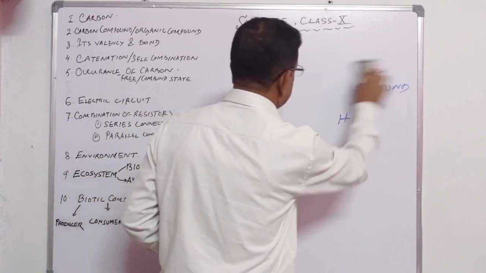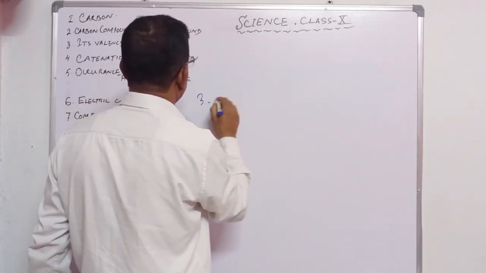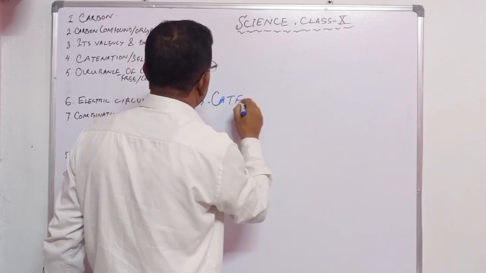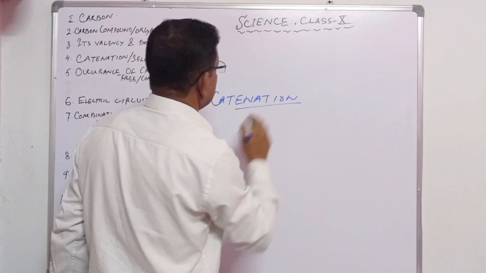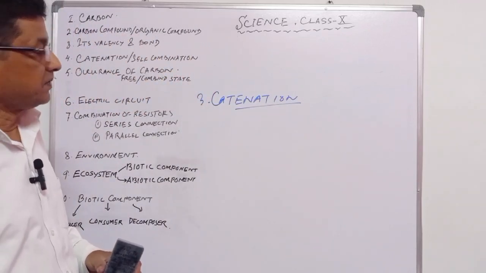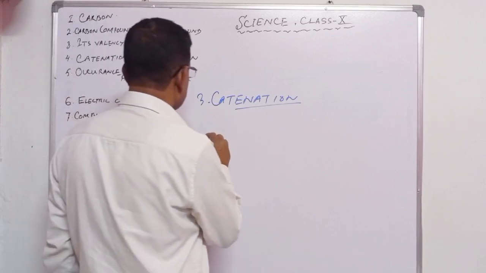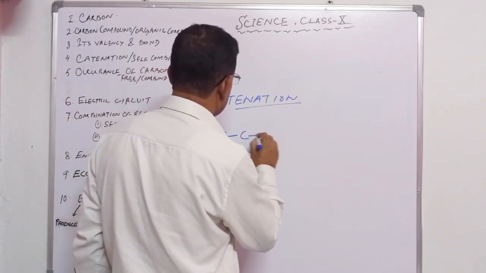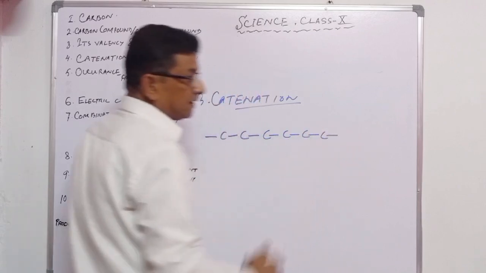And number 3, the topic to be discussed is catenation. It is also known as self combination. Carbon shows a special property of self combination, that is, carbon atoms can join themselves to form a long chain.